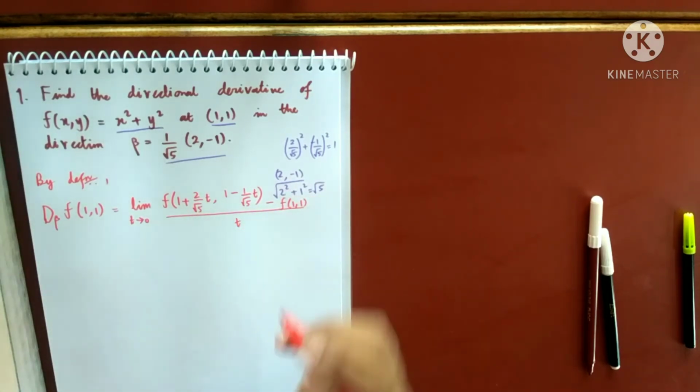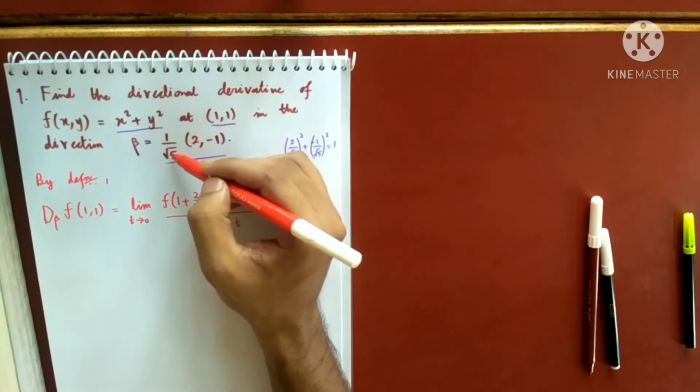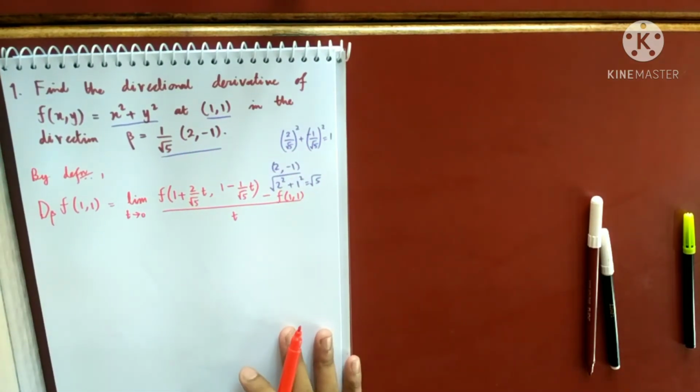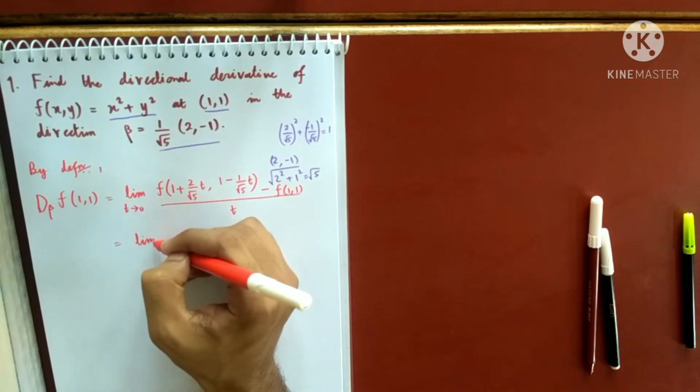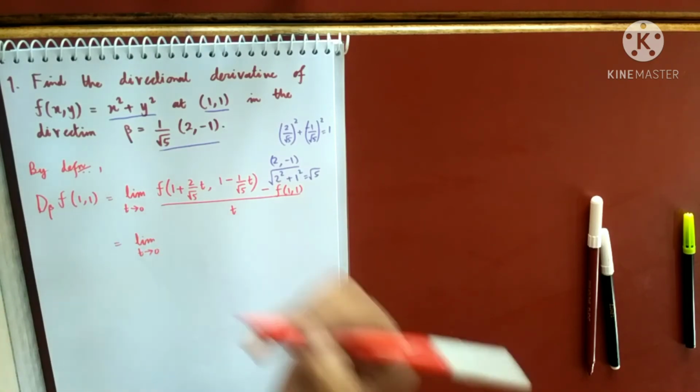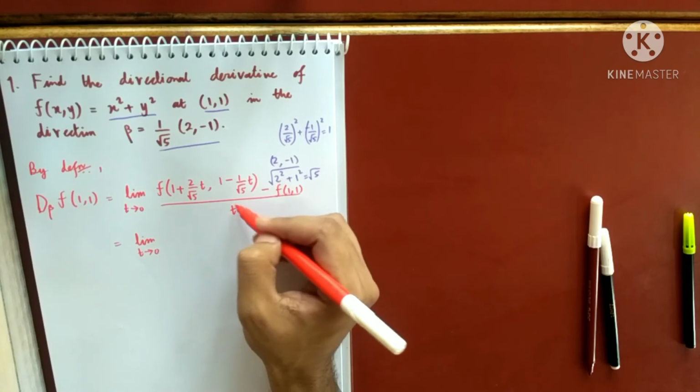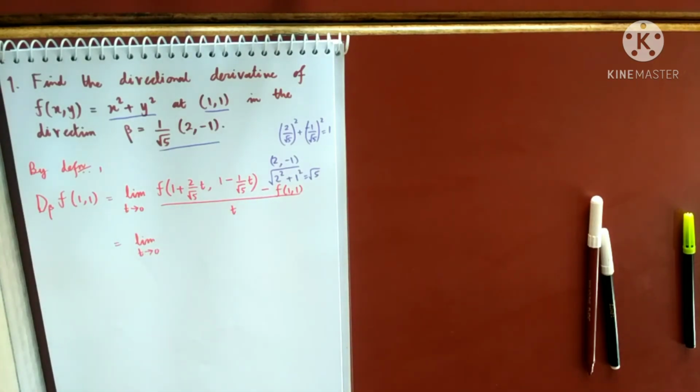This is the definition. Here a is 1, b is also 1, L is 2 by root 5, M is minus 1 by root 5. So this is now a question of a single variable function because only one variable is there, t.